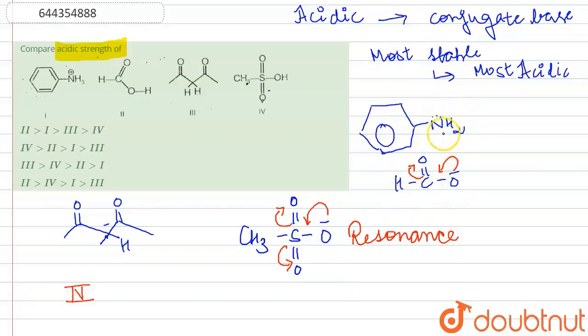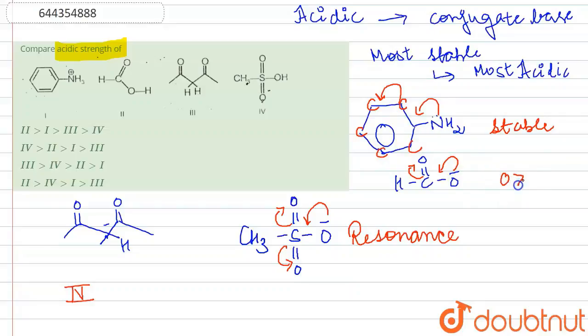Now here we have aniline also. Aniline is also acidic in nature, right? Because the lone pair present on the nitrogen atom undergoes resonance, due to which the negative charge gets delocalized over the benzene ring. So this is also a stable compound. But here, the lone pair present on the nitrogen atom is getting delocalized over the benzene ring, and the benzene ring has carbon atoms, and we know the electronegativity, right?